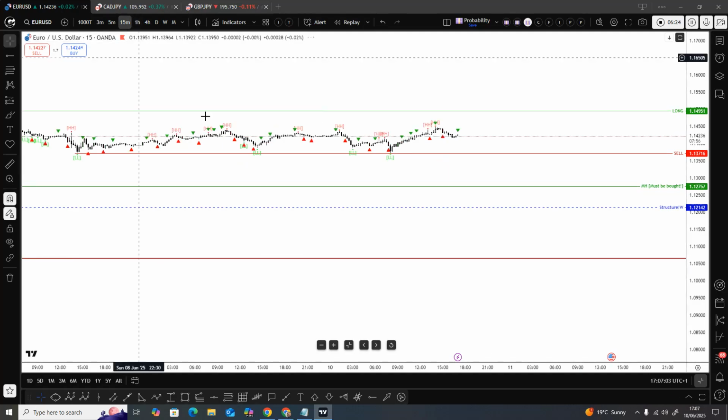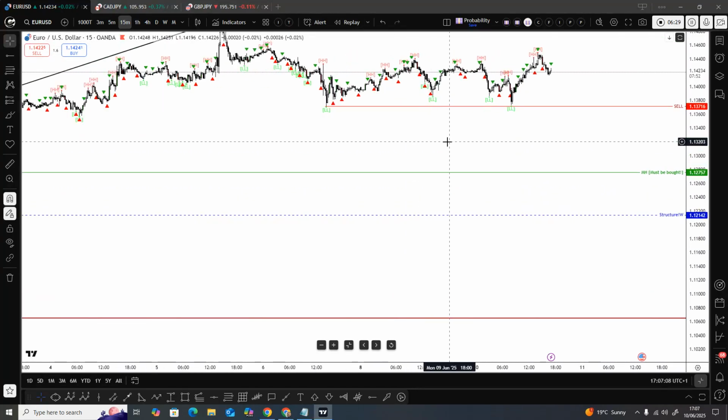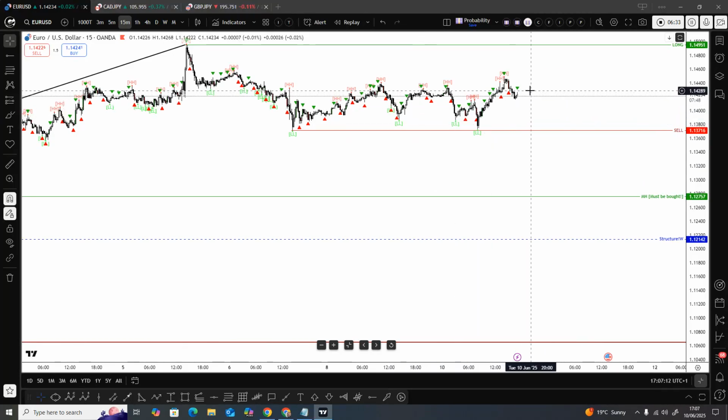Intraday, let's look at the 15-minute chart. Okay, so this is a complete wave structure, even though it's very chaotic, you can see.